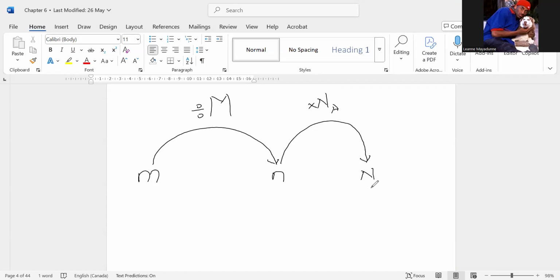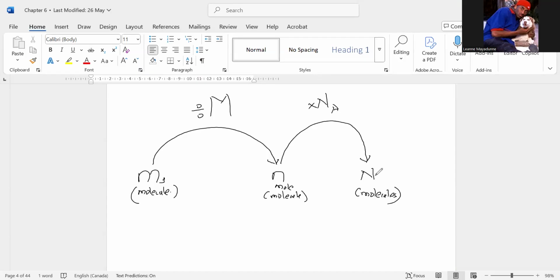So if this is mass of molecule, you will get moles of molecule, correct? And here you will get number of molecules.